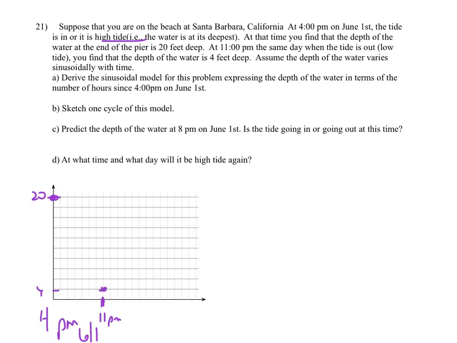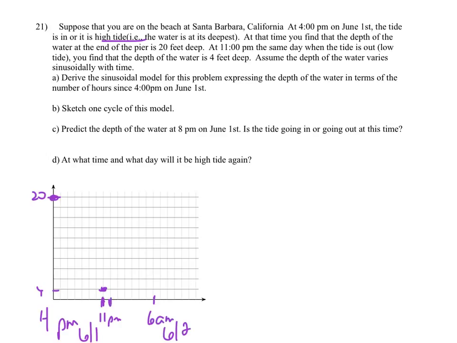When will it be high tide again is an important thing that we should know. So this is 7 hours later, and it's going to be 6 a.m. on June 2nd.